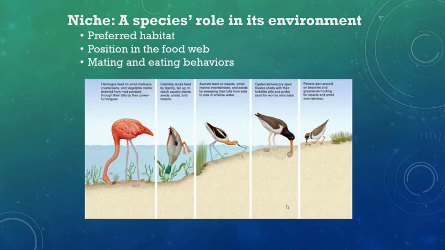As we saw with invasive species, it's possible for an introduced species to take a niche from a native species. It might take the habitat, or its position in the food web, or it might somehow disrupt mating or eating behaviors of native species. So when we talk about invasive species taking a niche, this is what we're talking about.